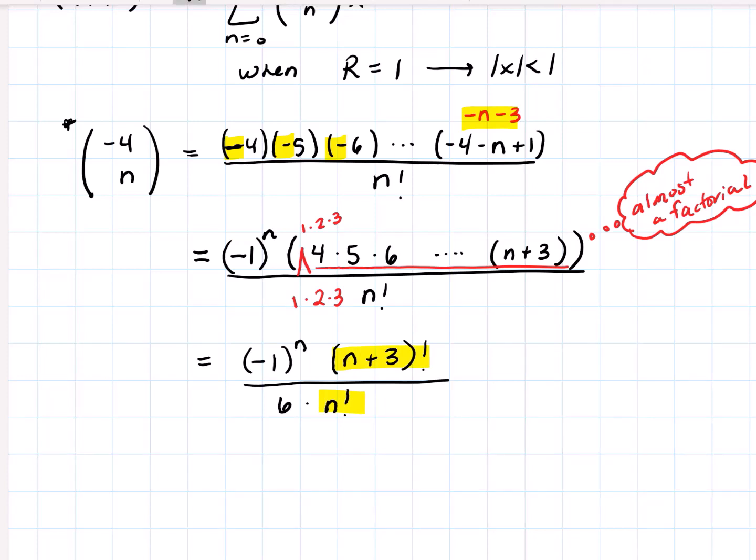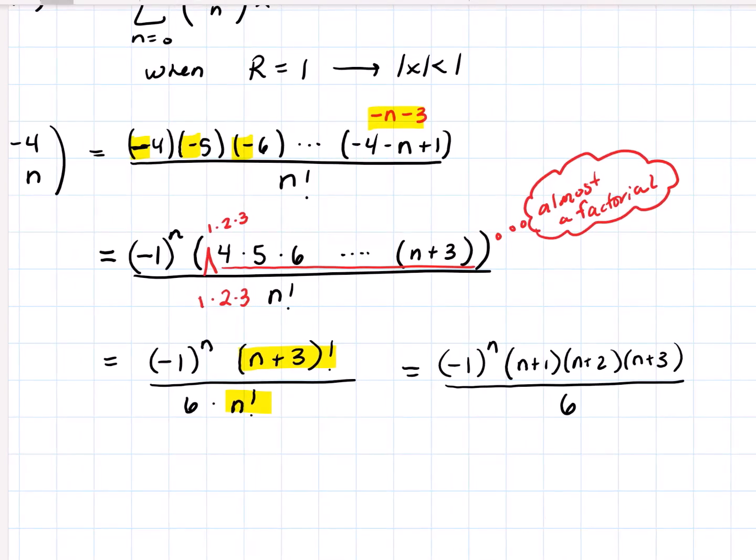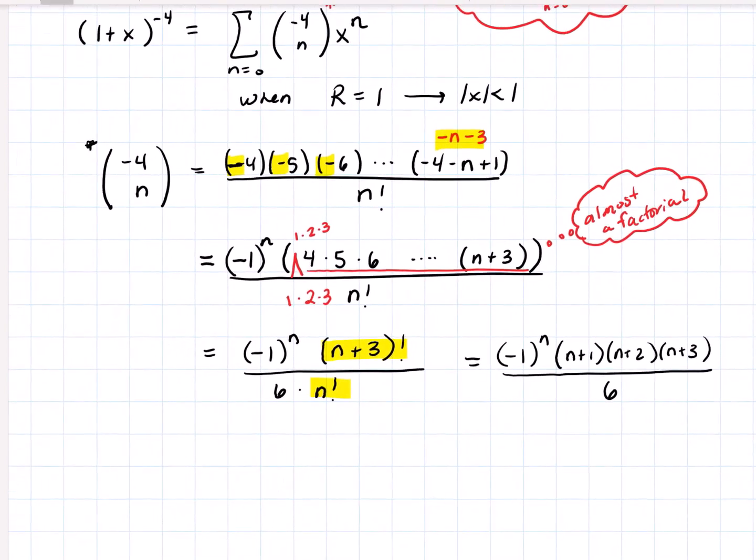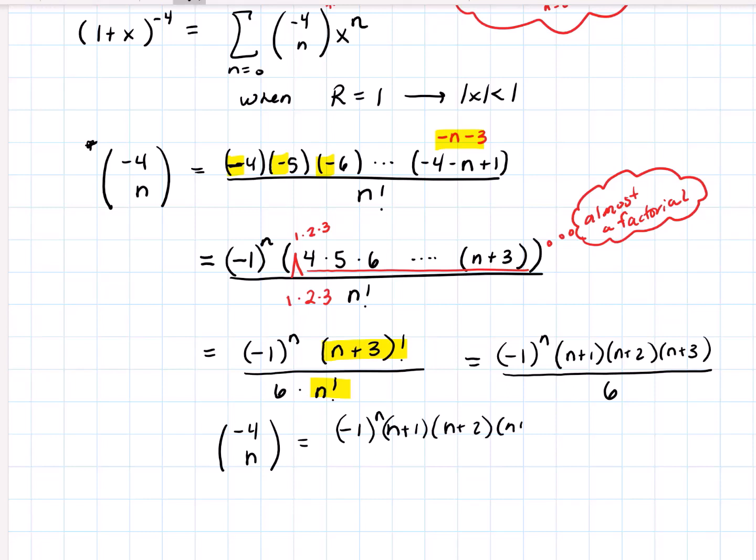And so this actually reduces down to (-1)^n, and then I'm going to have (n+1), (n+2), and (n+3) in the numerator, because the rest of the numerator has canceled with the n factorial, and all that's left in the denominator is 6. And so that has reduced down my -4 choose n down to a really nice compact (-1)^n times (n+1)(n+2)(n+3) over 6.